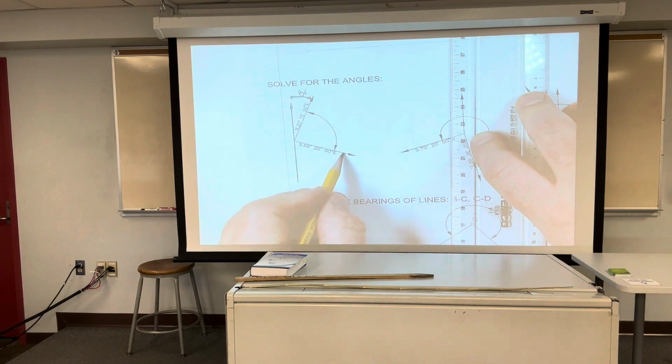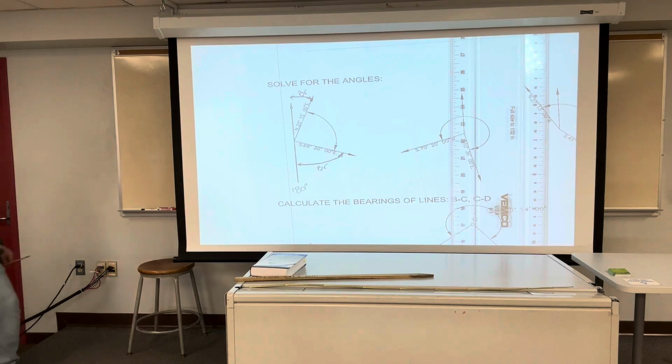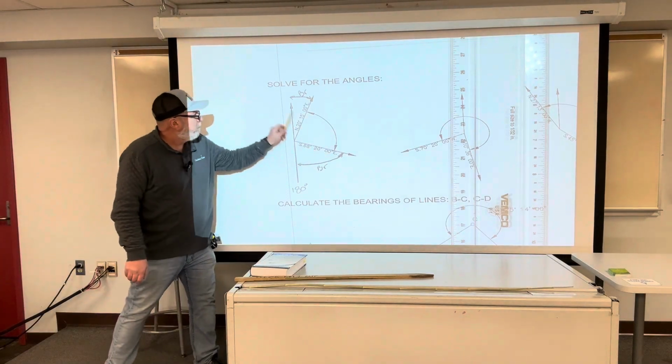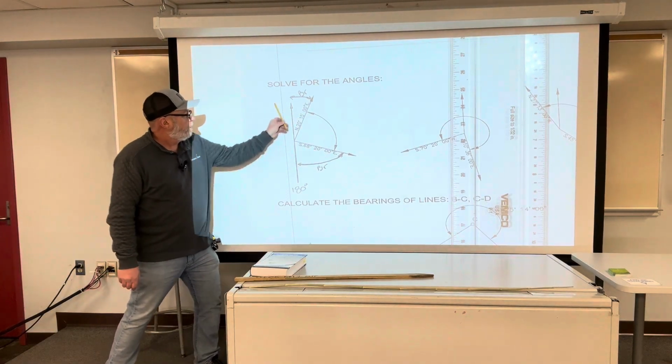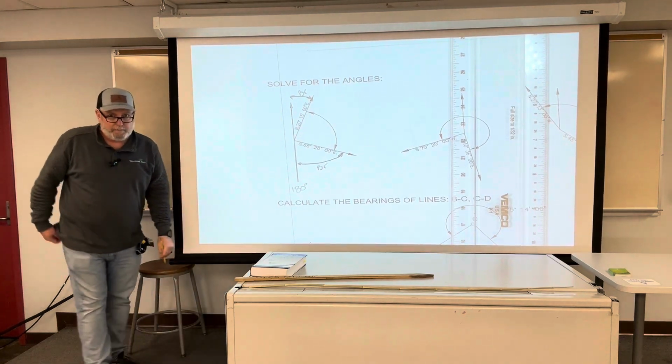I know the southeast bearing is this angle right here. I know from north all the way around to south is 180 degrees. So I have a straight line. I have these two portions. The overall, what's this piece here?